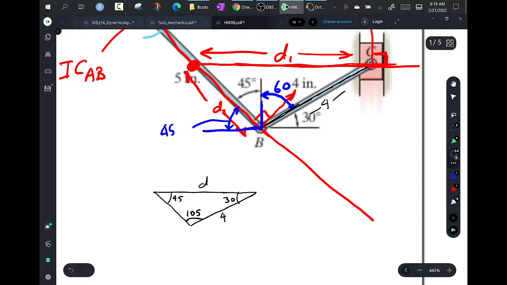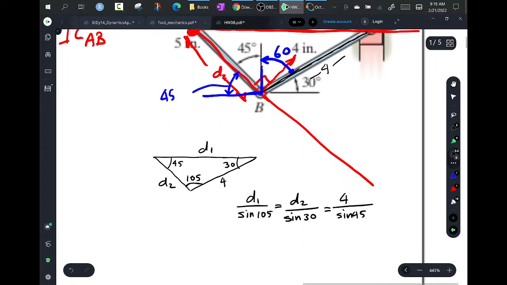So now I want to know D1, and I want to know D2. This is one of those things where it's like the law of sines. D1 over the sine of the opposing angle, 105, equals D2 over the sine of its opposing angle, which is 30, equals 4 over the sine of its opposing angle.